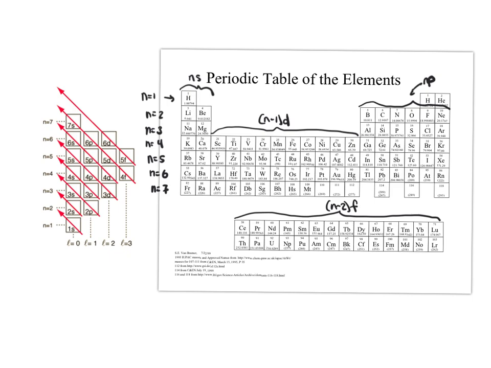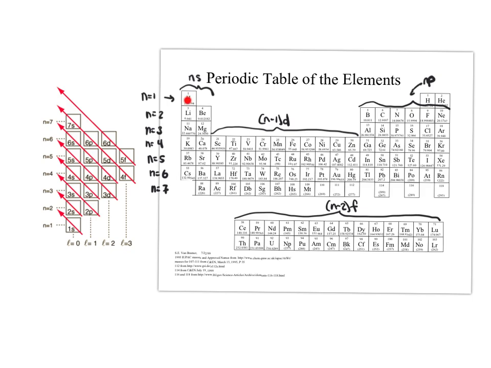And so we go 6s, 6 minus 2 is 4, 4f, 5d, and then back to 6p. Then 7s, 7 minus 2 is 5, 5f, 6d, and then there aren't any other elements that we know. If you think about the periodic table this way, that's going to help you remember.